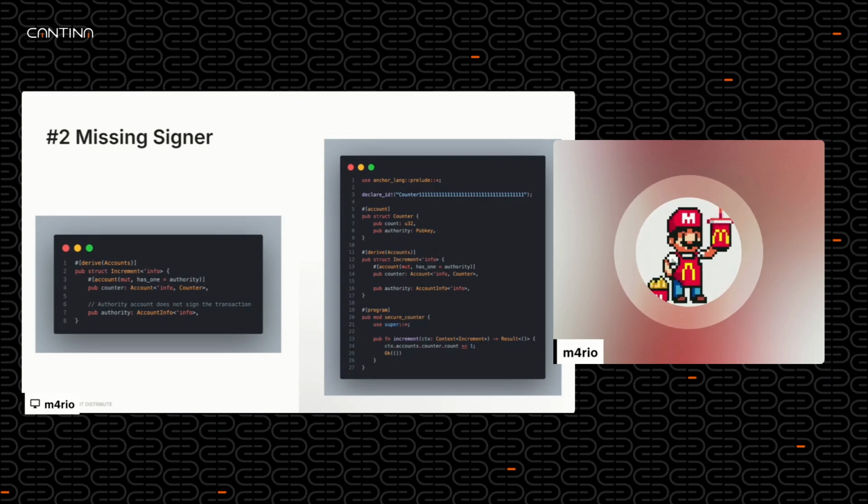So again, a missing check on the authority, which is that it must be a signer, will allow an attacker to modify any account for the counter. This is just a disclaimer.